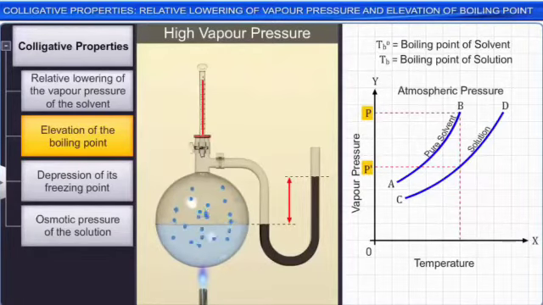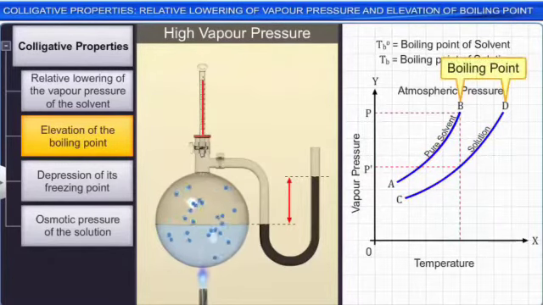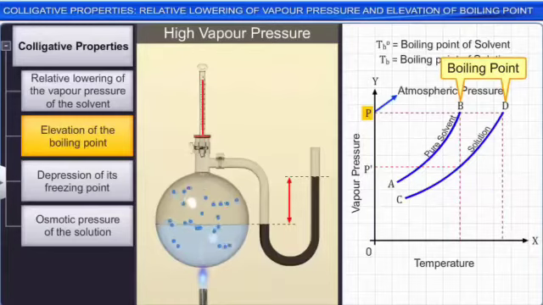Therefore, the curve corresponding to the vapor pressure of the solution lies lower to that of the pure solvent. The temperatures at which the vapor pressure of the solvent and the solution become equal to the atmospheric pressure are Tb⁰ and Tb respectively.